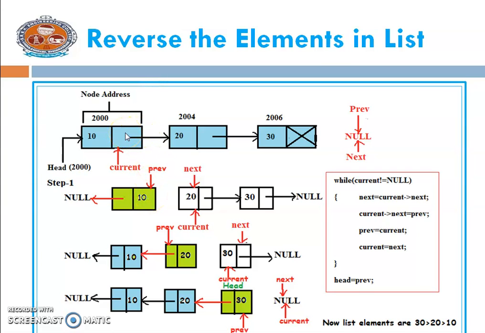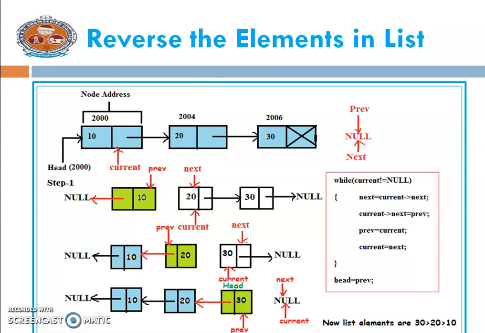Current of next is updated with previous. So previous contains a null value, and current of next is now pointing to null. Previous is equal to current. Now my previous is pointing to current. Current is equal to next.